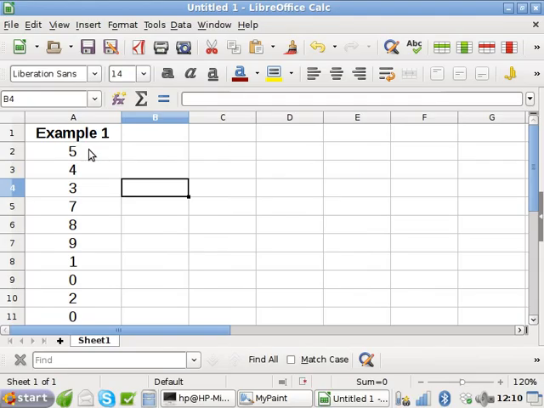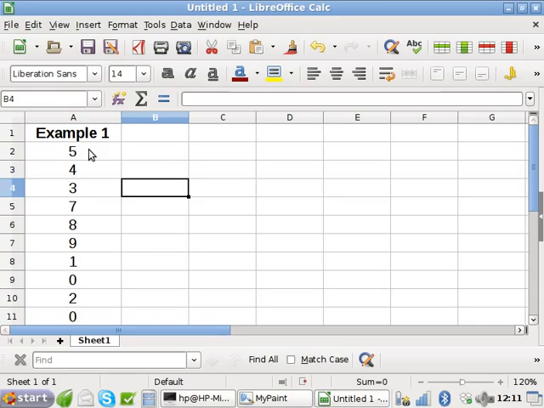So much talking. Come on, write this down. You got the numbers? So what I want you to do first is get the median for me. So I want the median here. 5, 4, 3, 7, 8, 9, 1, 0, 2, 0.